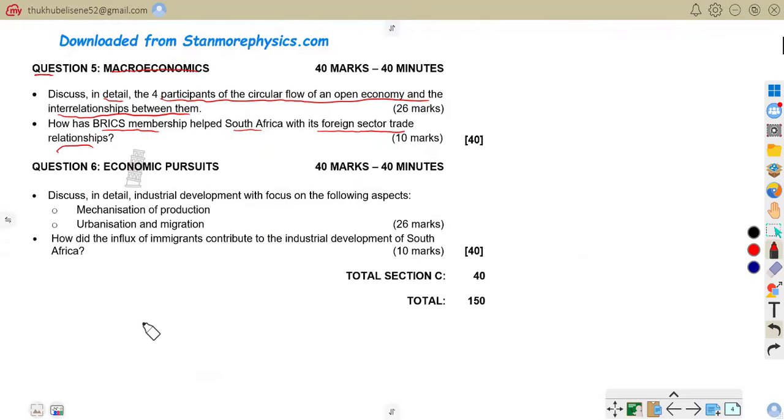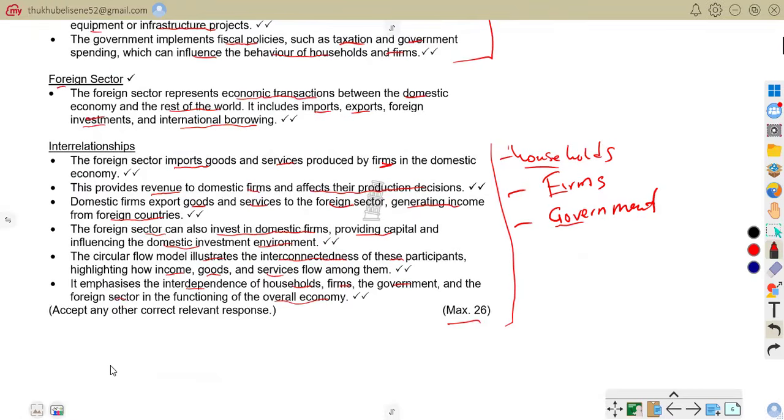So here we are on our question 6. We are going to talk about economic pursuits. It says, discuss in detail industrial development with focus on the following aspects: mechanization of production, urbanization, and migration, and how the influence of immigrants contributed to the industrial development of South Africa. So let's quickly go to the answers and give explanation there.